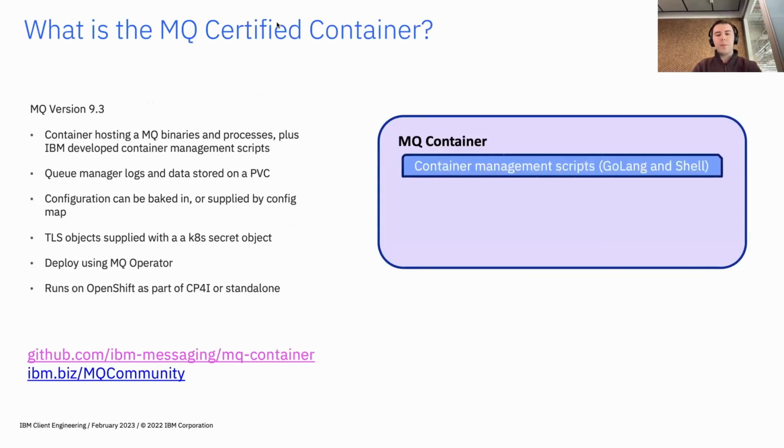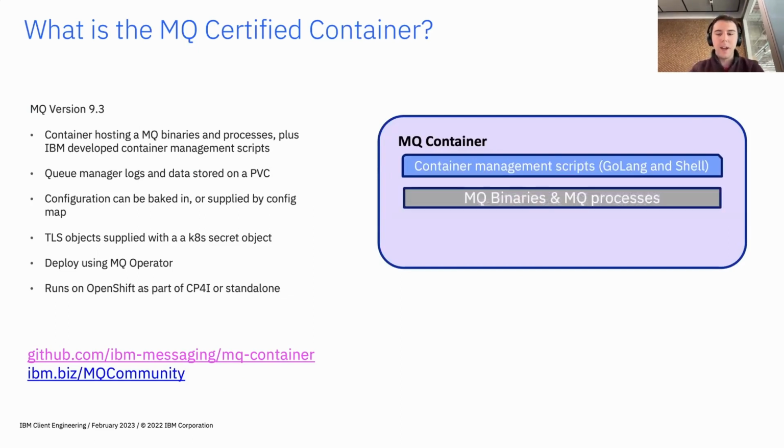So what is the MQ certified container? A container has multiple different layers within it. As we can see in the diagram on the right hand side, we start off with the container management scripts. These run in Golang and Shell, and allow you to manage the MQ queue manager that's running inside your container. Below that, we have the actual MQ binaries and processes themselves.